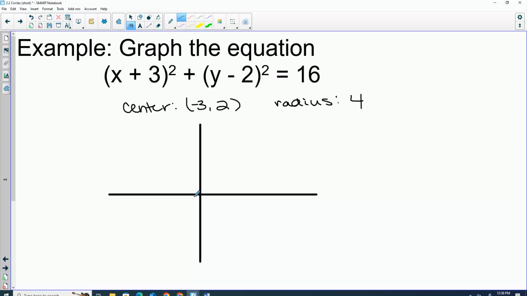Start with a dot at (-3, +2). That's our center, and then we go 4 every direction. So 4 above, below, right and left.